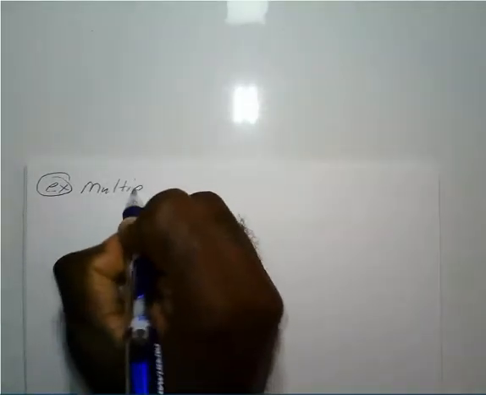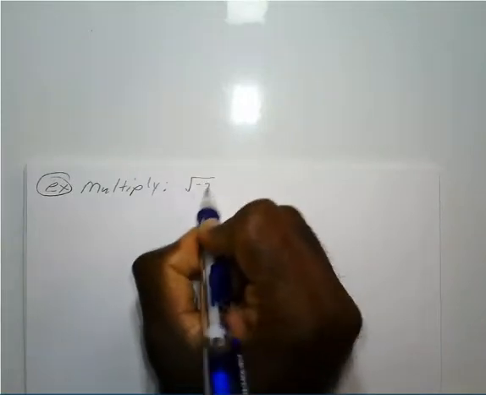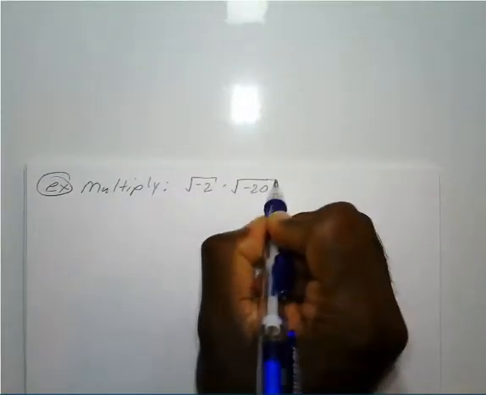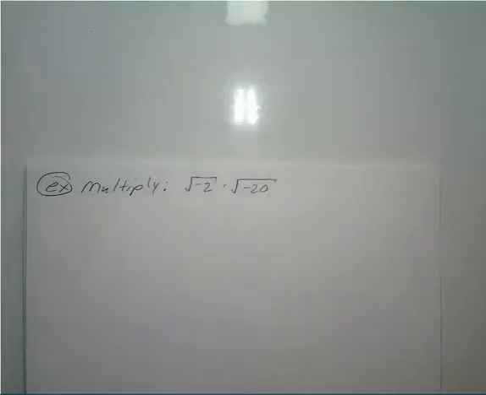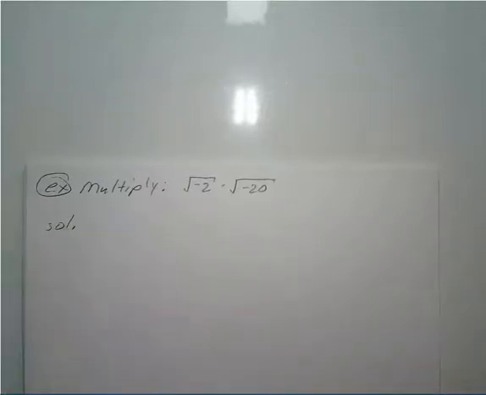Let's say, for example, we wanted to multiply square root of -2 times square root of -20. All right, so we're going to go ahead and solve this one.